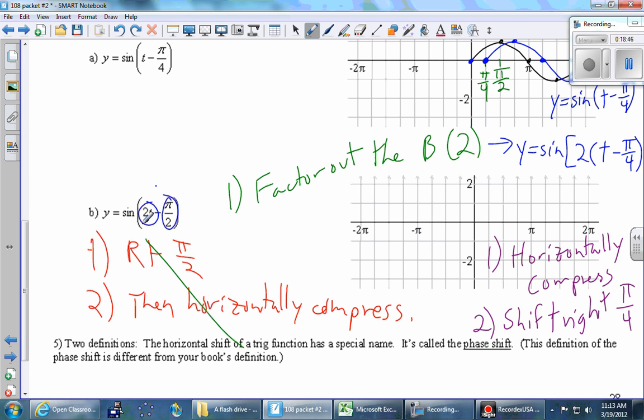And it becomes pi over 4. Everybody happens twice as fast. And so I'm just going to put one new dot up here at pi over 4, which is there. And that's the top. The middle is the next one, then the bottom, then back to the middle. So this is the graph of y equals sine of 2t.